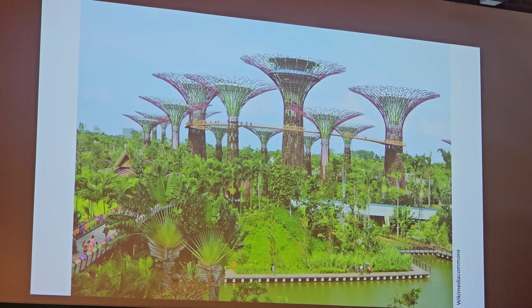These structures, what they call trees but are not really trees, have within them a whole high-tech system of monitoring the climate, controlling the climate, and watering, so collecting rainwater, collecting sun, trying to experiment with quite a lot of different technologies to be integrated into these trees.